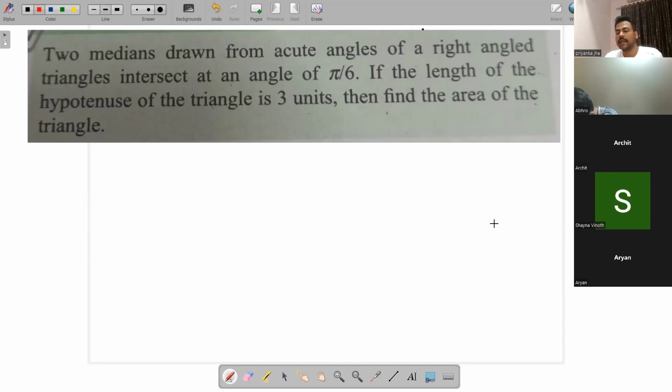Any luck, guys? Any idea? Can you solve it? Or shall I start? See, I'm solving it.